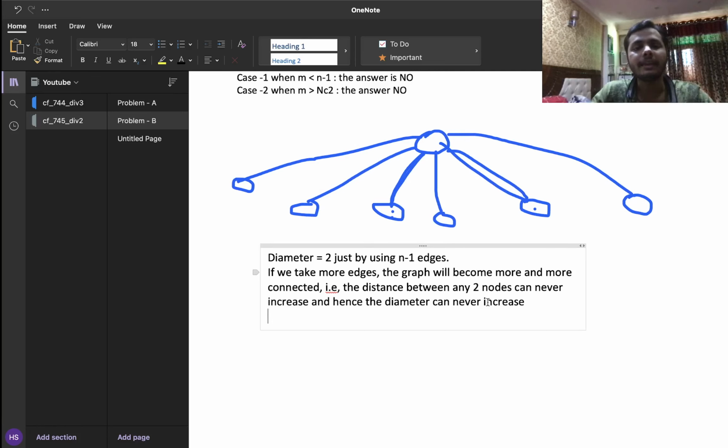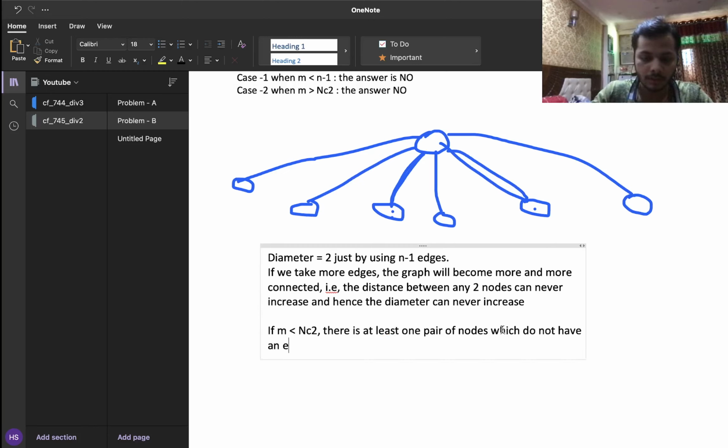So if m is less than nC2, there is at least a pair of nodes which do not contain a direct edge between them, right? Now the next observation is, if m is less than nC2, there is at least one pair of nodes which do not have an edge between them.